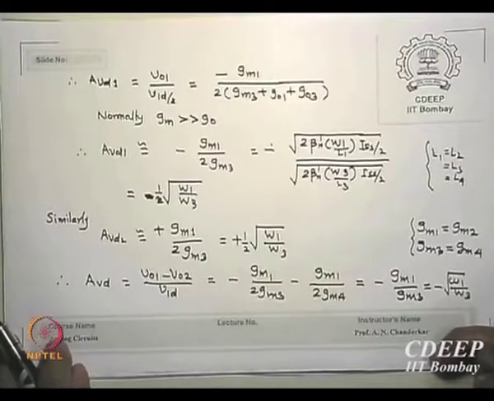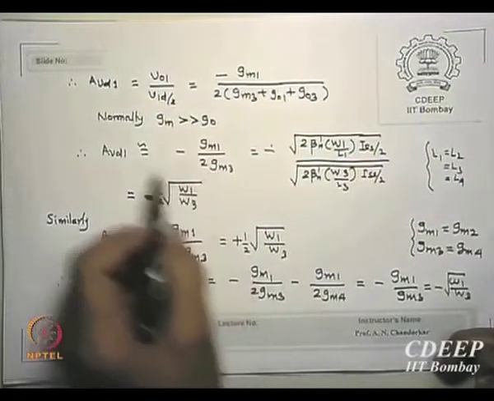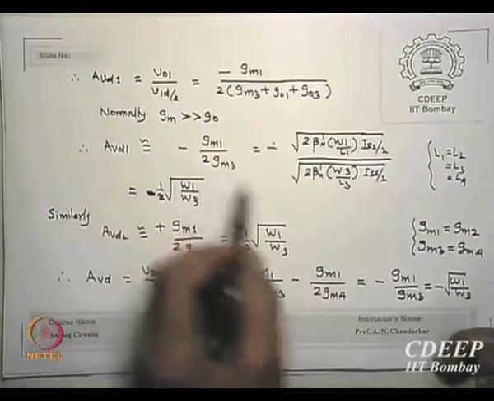Transconductance of an amplifier will be of the order of 10 to the power minus 2 or minus 3 amps per volt, whereas the order of conductance is minus 6 or even lower, tens of megaohms or 1 megaohm to tens of megaohms. So when I shunt a smaller resistance with a larger one, the larger can be neglected. So roughly one can say, that's why I say roughly, it is root GM3.